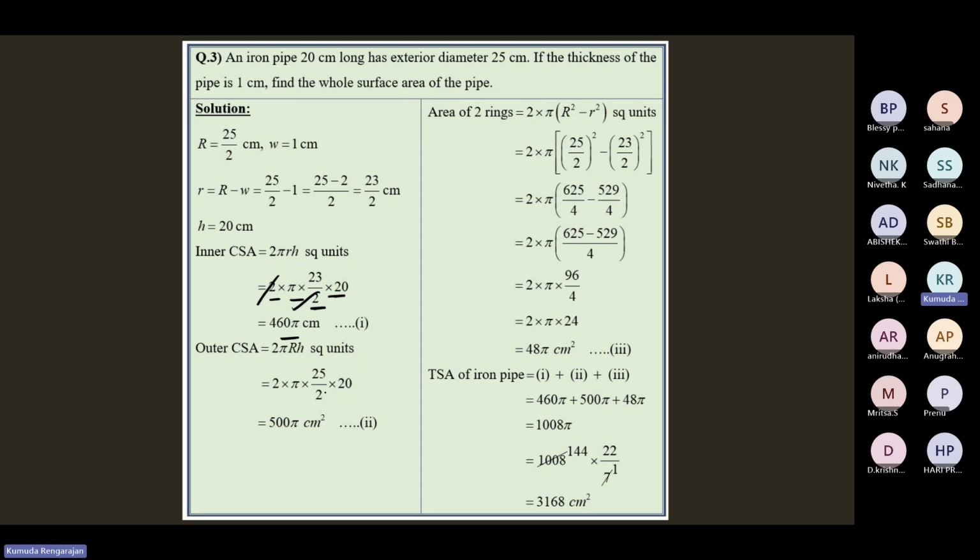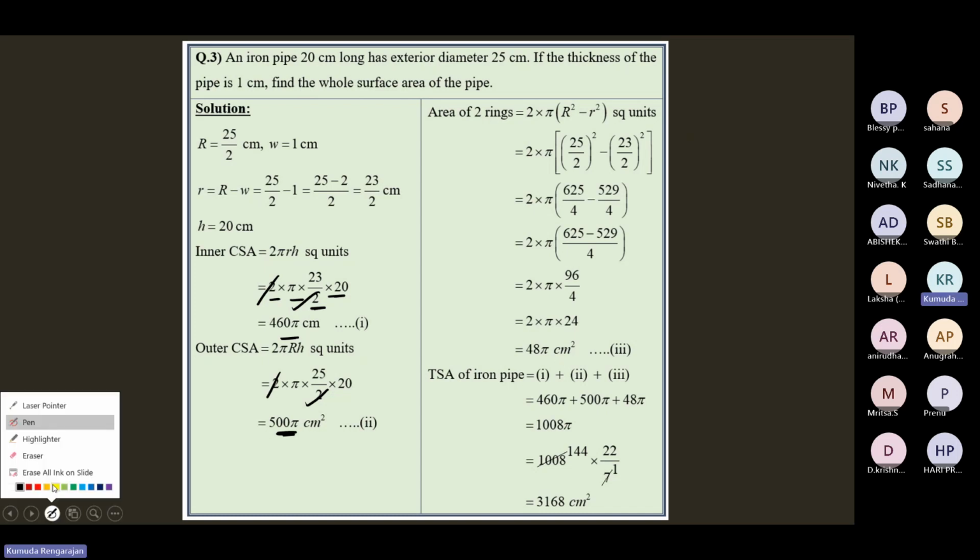Then outer CSA, 2 and 2 get cancelled, so 500 pi. Then the area of the 2 rings, because there's 1 ring in the front and 1 behind, no? In the image we saw. So 2 into pi r square minus r square. On simplifying, you get 48 pi centimeters square.